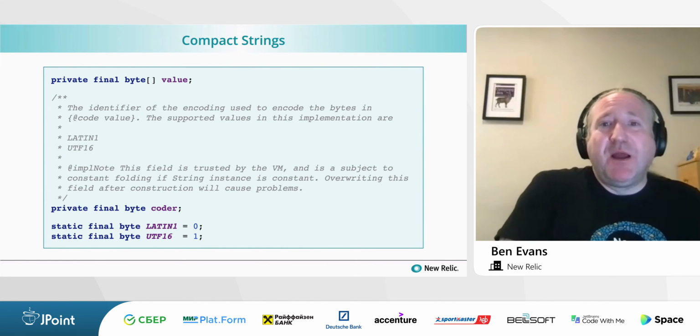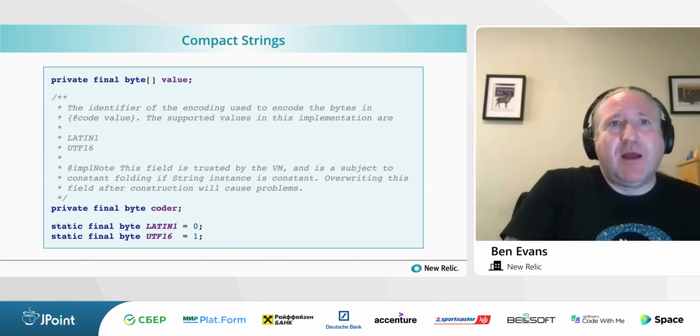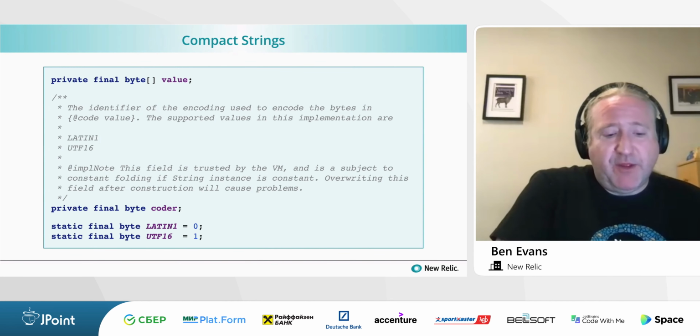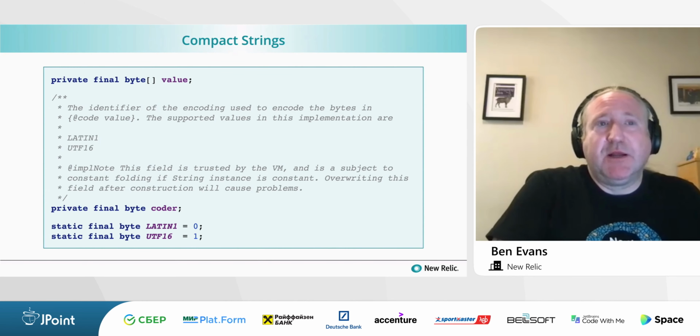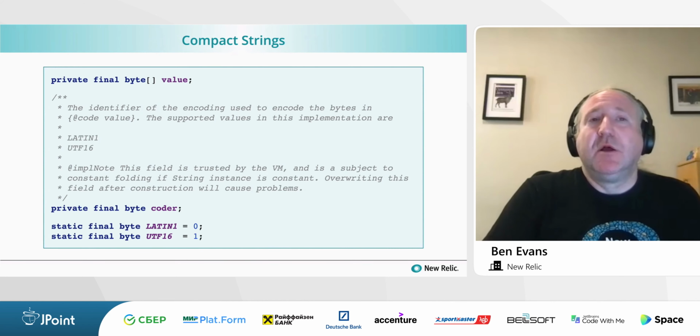I'd be interested to see from folks that do Russian applications how much space this saves. I don't think it's going to save as much space as it does for things which only deal with English and Western languages. In the cases we see at New Relic, for our own internal data, we see 30 to 40% heap improvements.